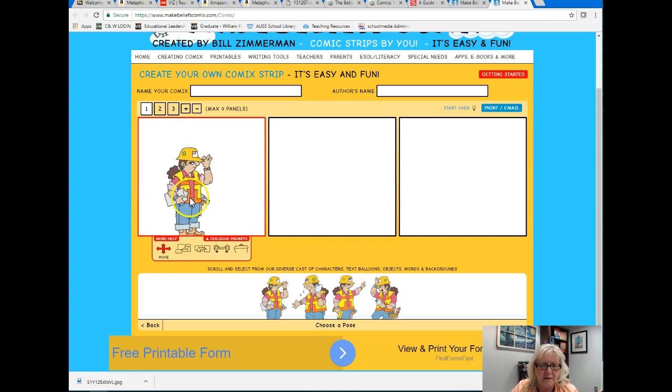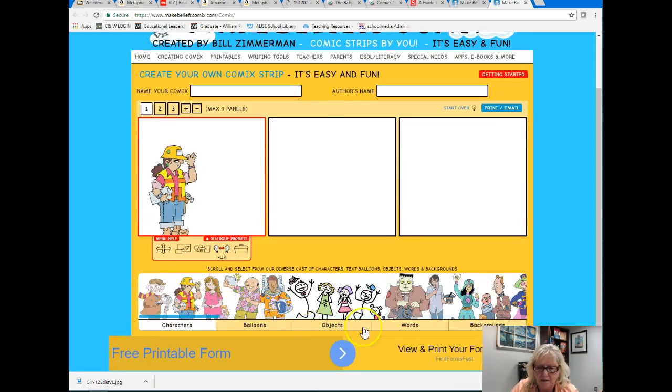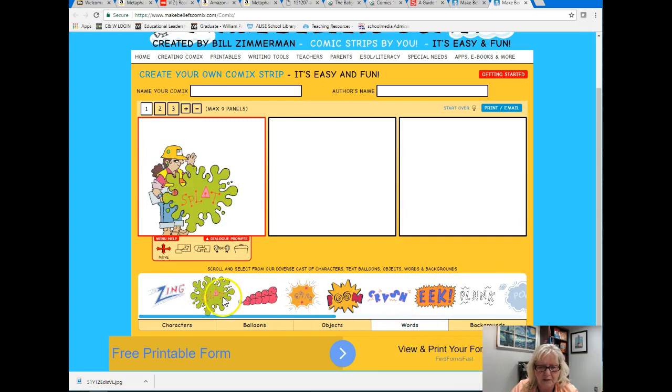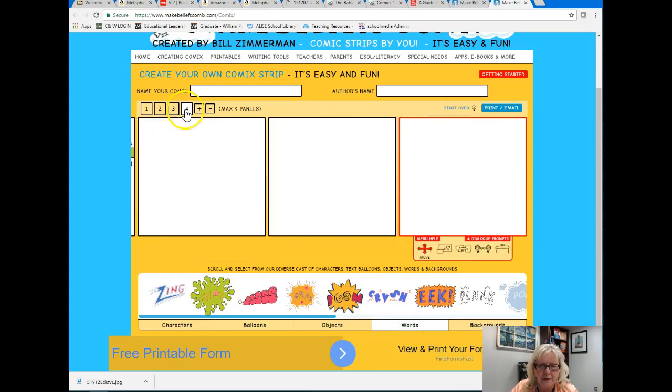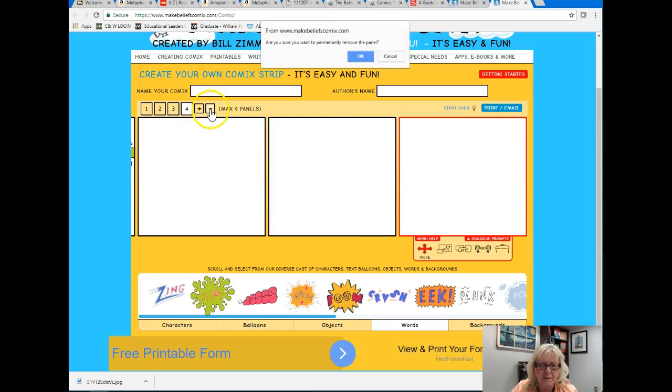I actually like that one, a woman with a hard hat, cool. And we can add dialogue. Where's our dialogue? Got to go back here. Here are our words, so we can add splat to that. We can add panels if we want additional panels. We can give it a title.